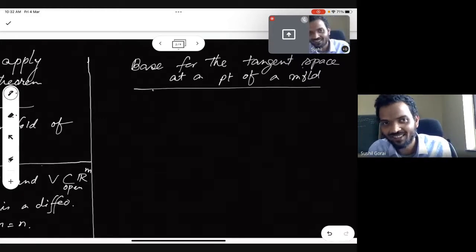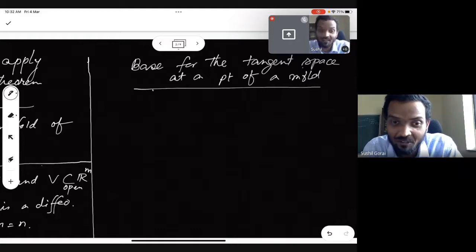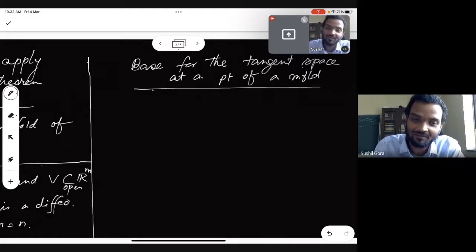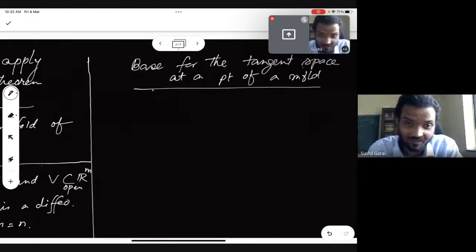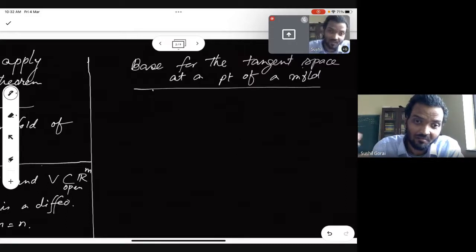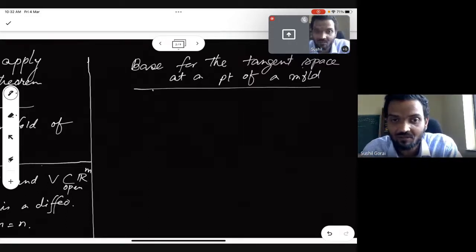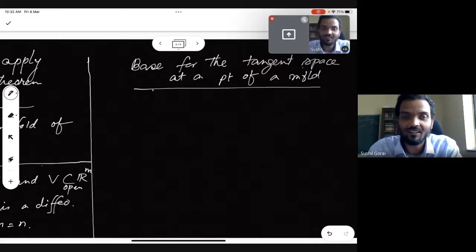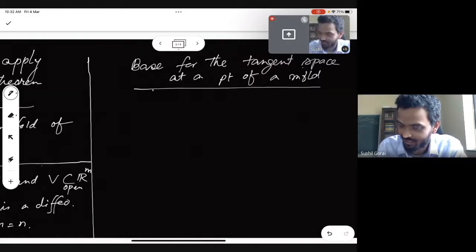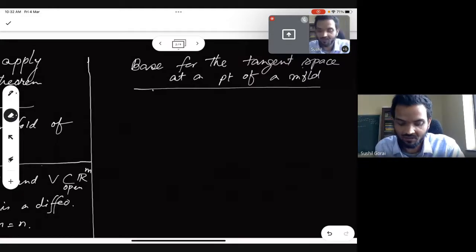This is the starting point of anything you do in the manifold, which is not topological. Topological, you don't need charts. To do something with functions, you need charts. Whenever you do analysis on manifolds, the chart is the most important object. You can't go directly to the whole of it. You need charts.